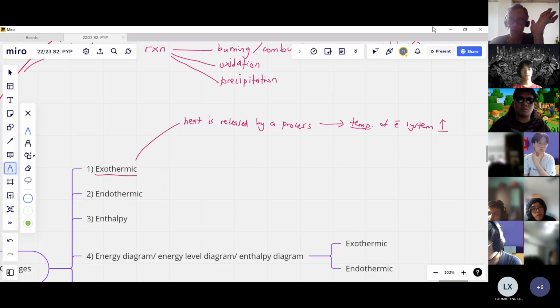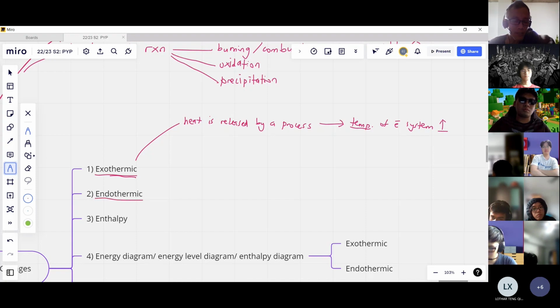Just stick to this fact. Maybe I'll tell you later why some students get confused, but for now, just take it as it is. Exothermic means temperature increases, heat is given out. Simple as that. By the way, the word thermic is the Latin for heat, though you don't really have to know it.